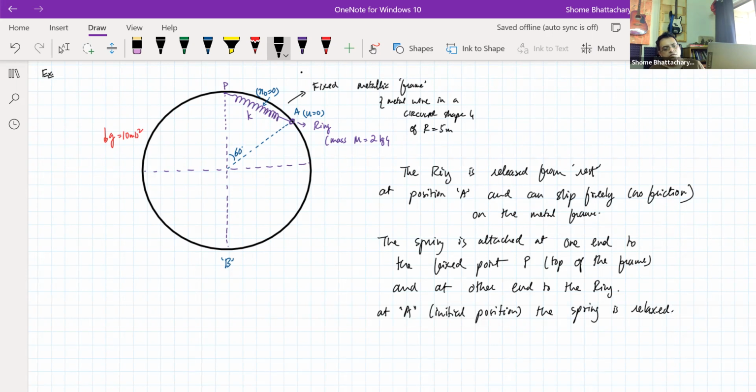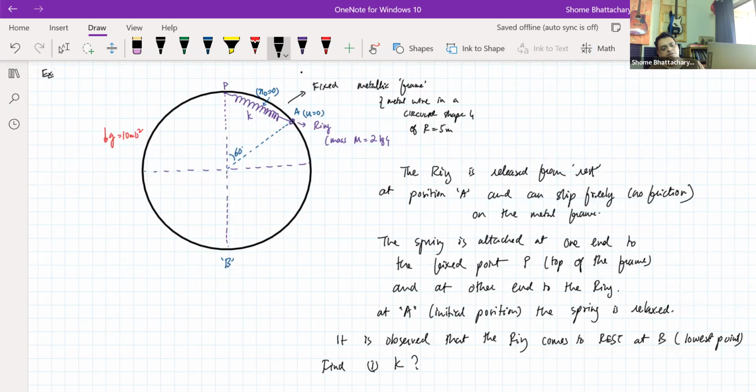Now, it is observed that the ring comes to rest at D, that is the lowest point. So find the value of the spring constant in Newton per meter.